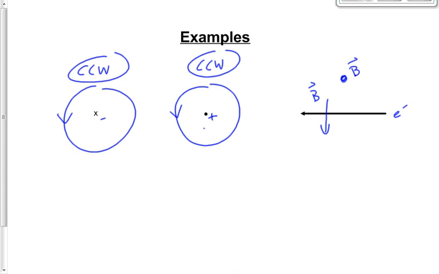This is the page. Good. Into the page. So we're going to make that X.